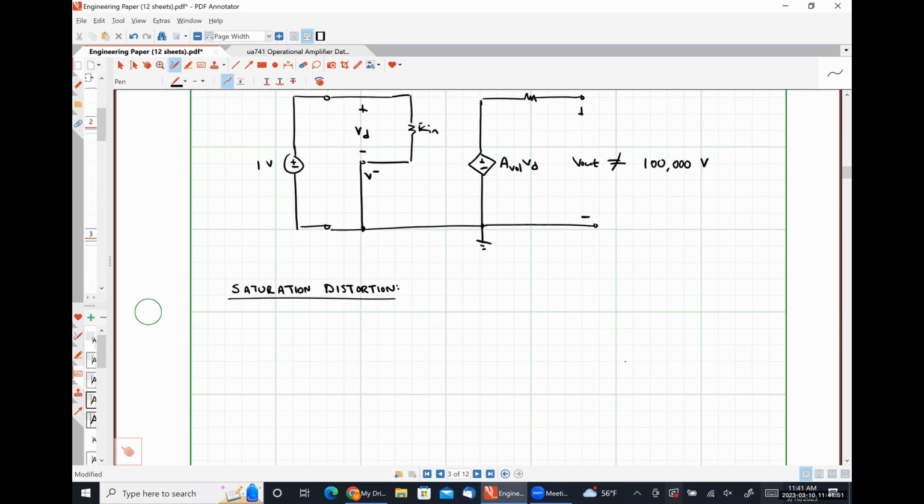Now, for saturation distortion, you can simply say that in a real op-amp, the output voltage cannot exceed the power supply voltages.